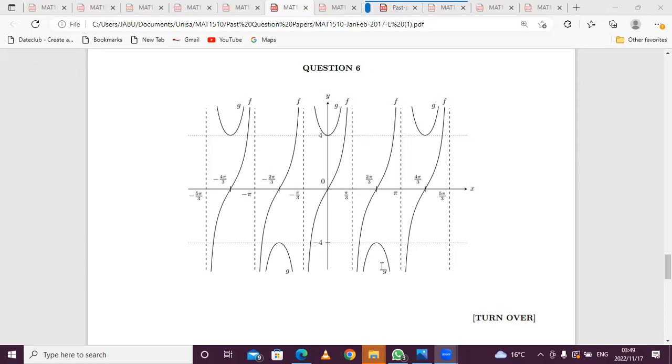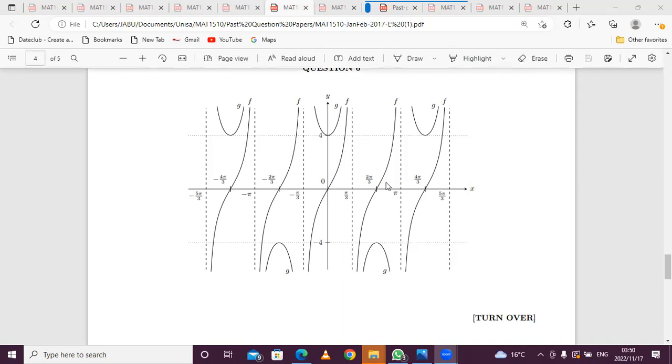But let's take a different point. 4 pi over 3 is the period, but let's take a different point to just put a stamp on it. Let's take top to top. This is 2 pi over 3. You can see this is the point here, 2 pi over 3. And this is minus 2 pi over 3. So 2 pi over 3 plus 2 pi over 3 is supposed to give us 4 pi over 3.